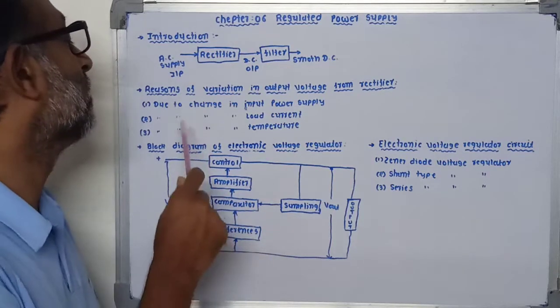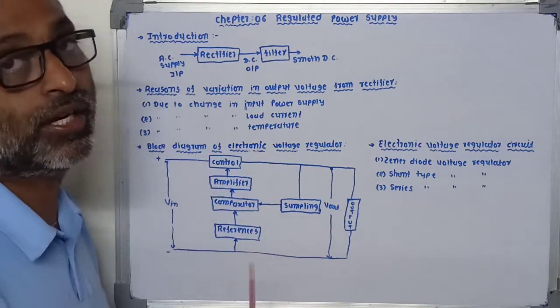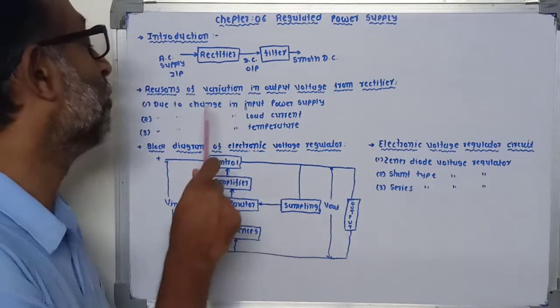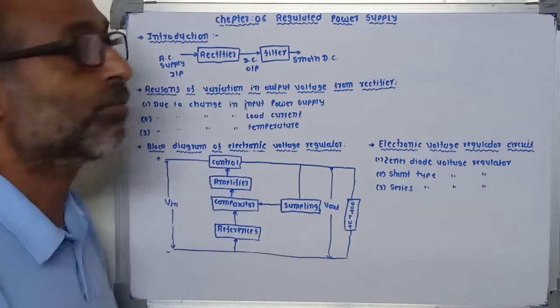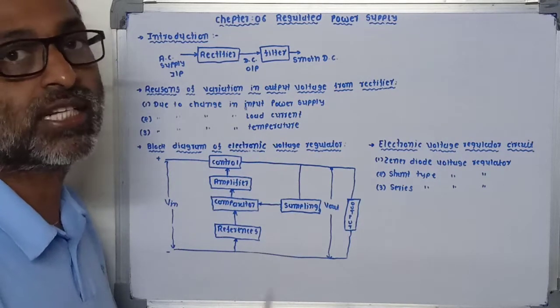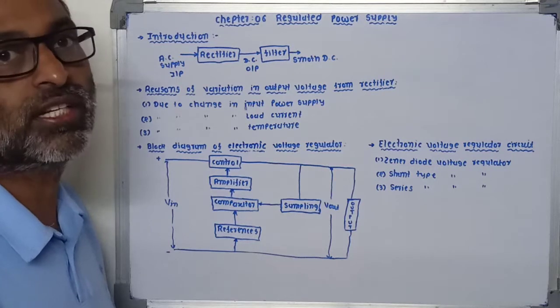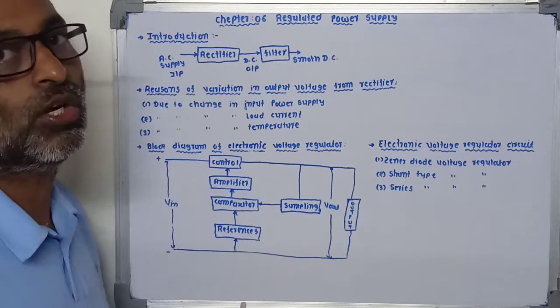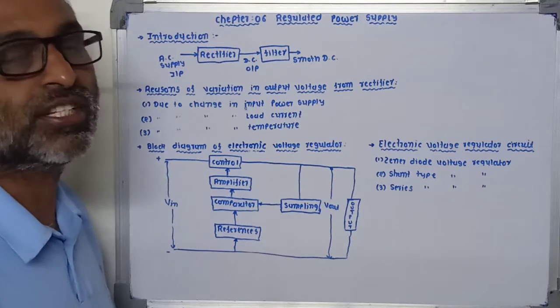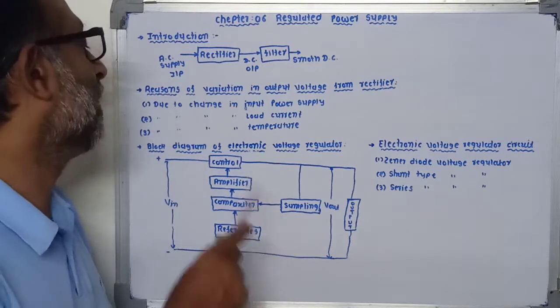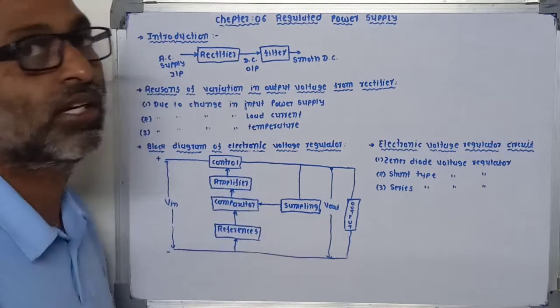So there are some reasons for the variation in output voltage from the rectifier. First, due to change in input power supply. If there is a change in input supply, the AC voltage received by the rectifier also changes, which changes the output voltage of the rectifier. Second, due to change in load current.